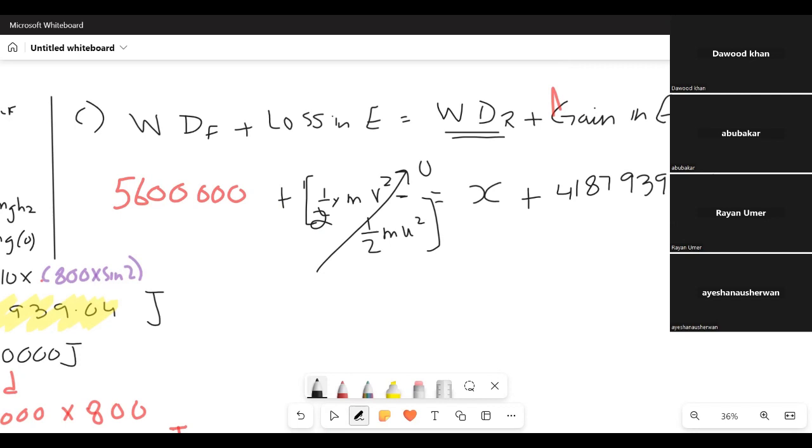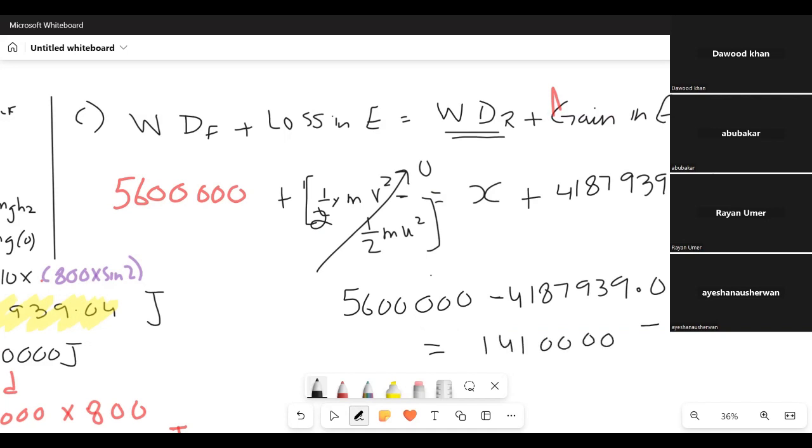Okay, now you make x the subject, so 56,000,000 minus 4187939.04. इससे आंसर आता है 141,000,000 joules.